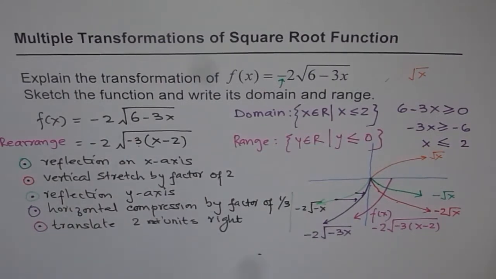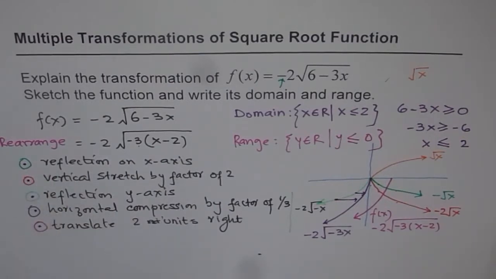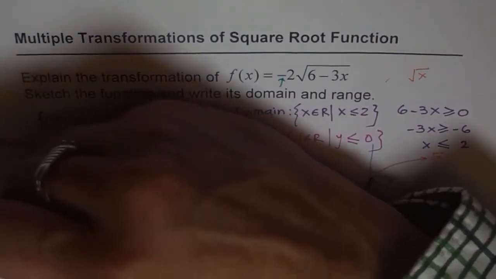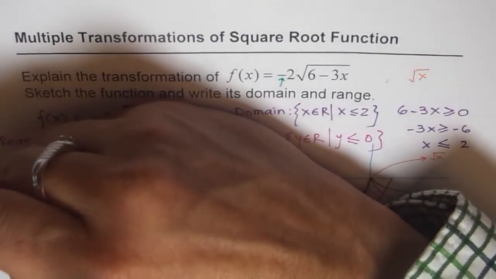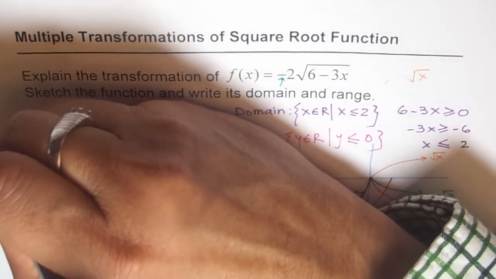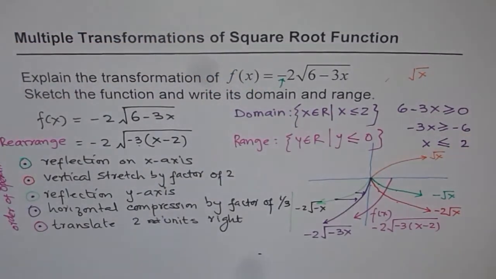Now, when you write your transformation, you have to write in a way so that your order of operation is maintained, okay? So you have to maintain the order of operation.